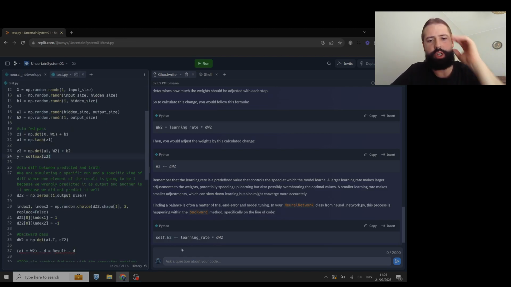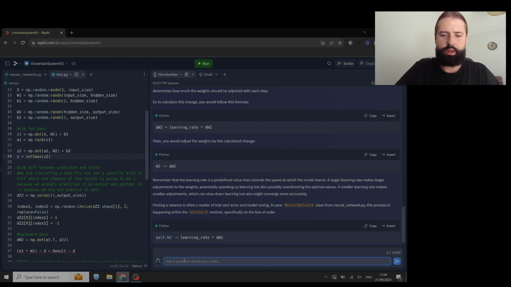Okay, so maybe the better question is: if I am starting by calculating the gradient of the upper layer, I go from that gradient to the gradient of the hidden layer weights.